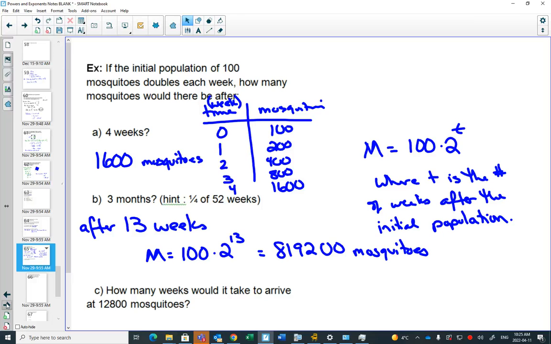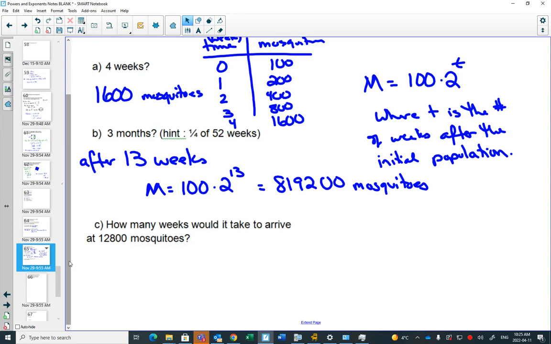How many weeks would it take to arrive at 12,800 mosquitoes? So here's our formula, and we're told there's 12,800 mosquitoes. So we can plug in 12,800.